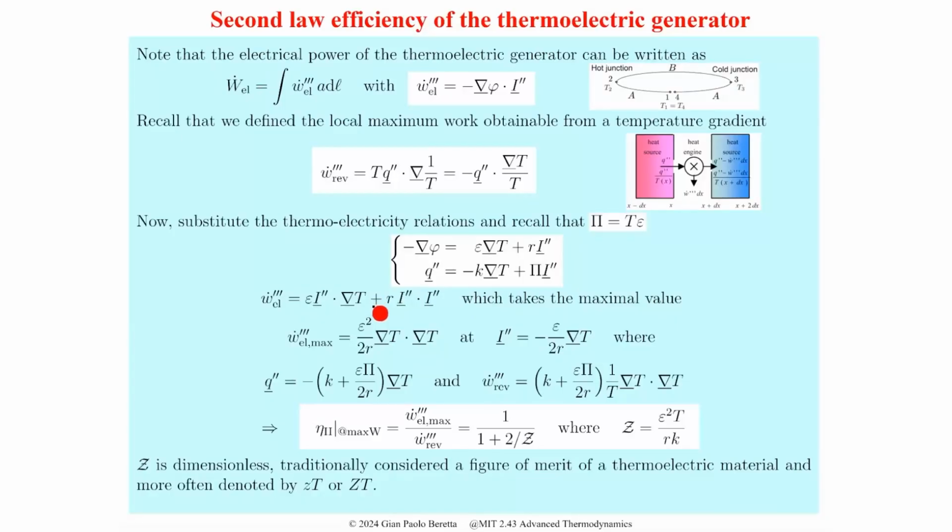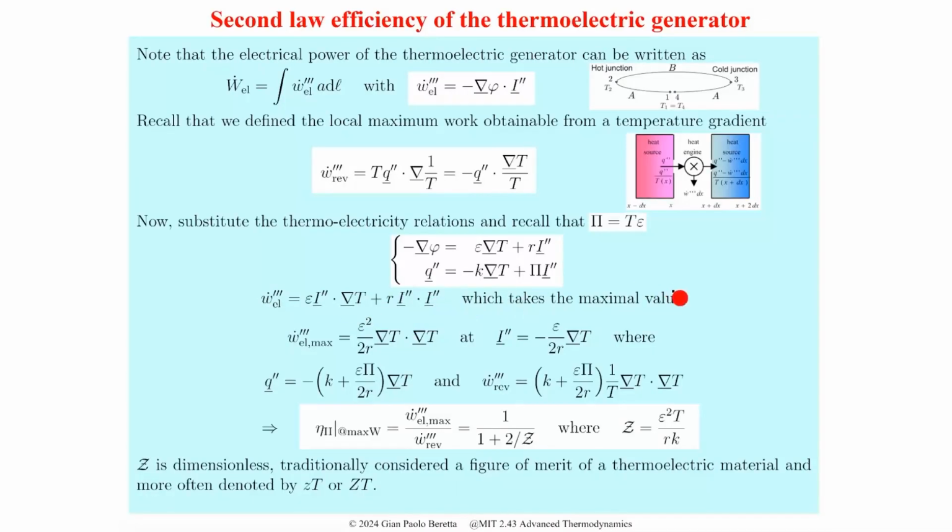This must be a minus sign, because there's a minus here. I don't see it right offhand, but I think this should be a minus, because this is the Joule effect that should detract from the work that is done.